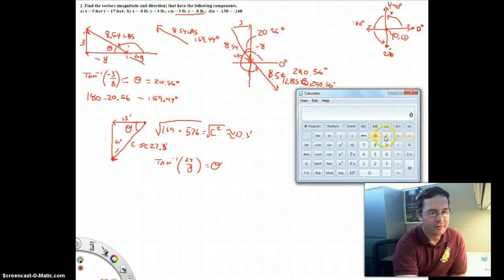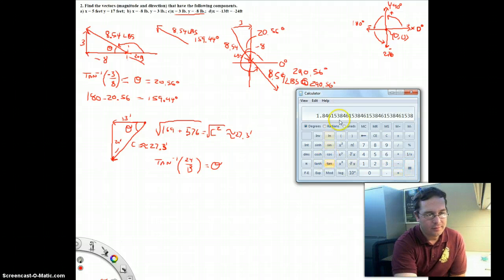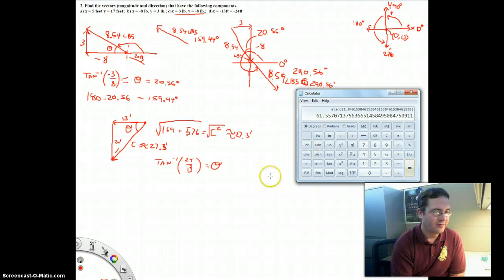So, using our trusty calculator, 24 divided by 13. And then we're going to take the arctangent of that, so inverse tangent. And that works out to about 61.6 degrees.